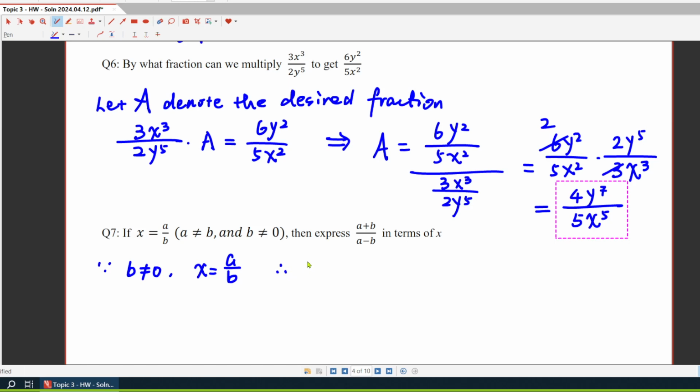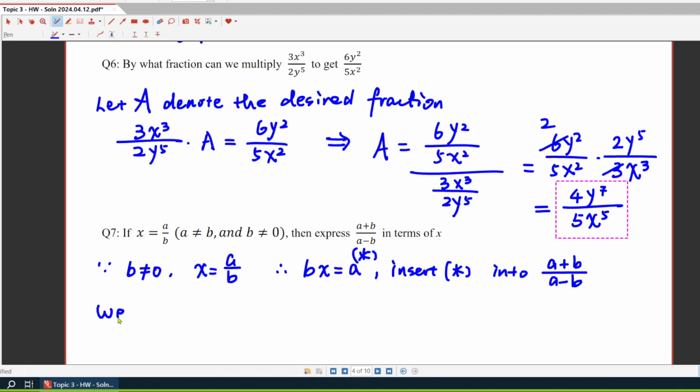Then we know bx equals a because we can just multiply both sides using b because b is not 0. And we can insert, let's call this star, insert expression star into a plus b over a minus b.